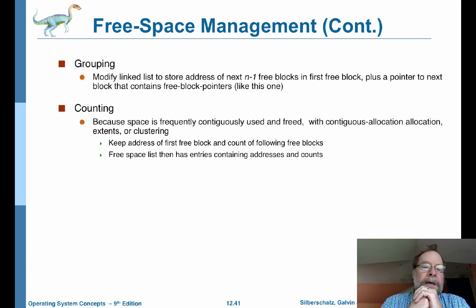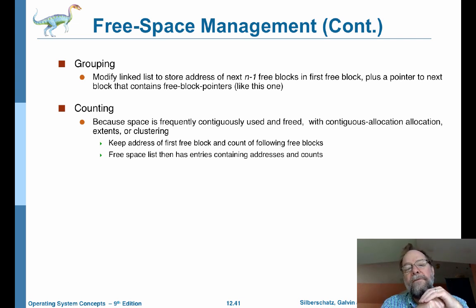One of the things we get with contiguous allocation is that as files come into existence and go away, as we move them around, the disk will tend to fragment more and more. One of the things you can do is count the number of times you've freed and removed files, and you can use that information to decide when you want to run a defragmentation algorithm.